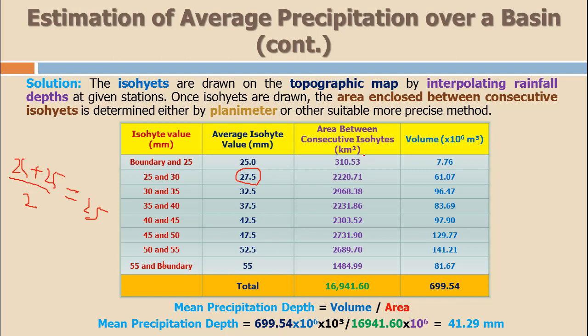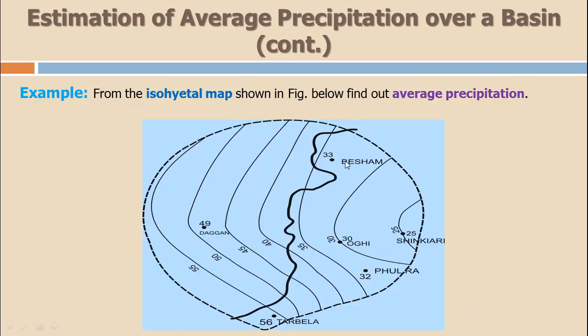The area between consecutive isohyets, such that the first area is between the boundary and the 25, this one, this is the first area. The second area is again this one, and the last will be this area.